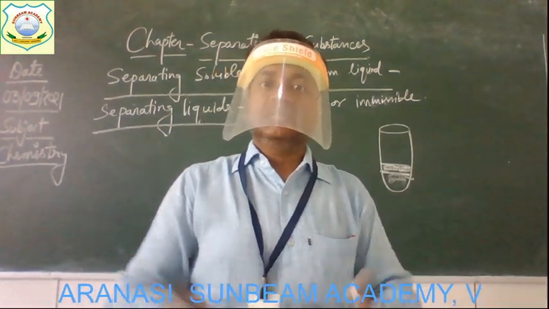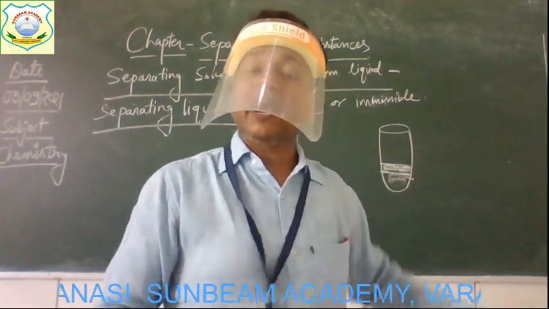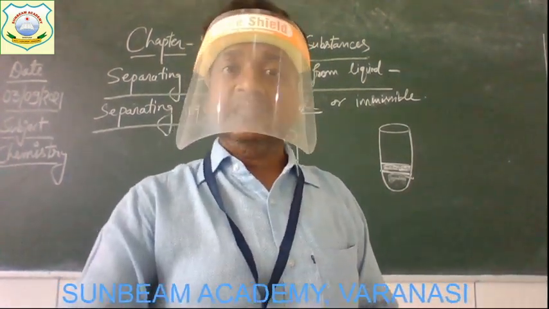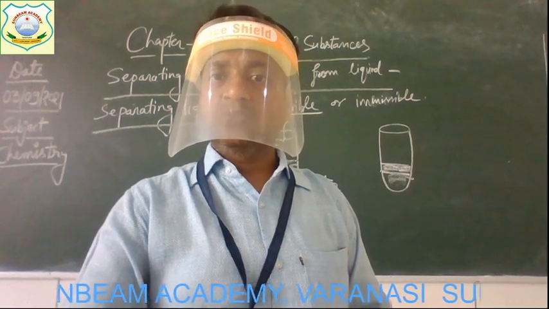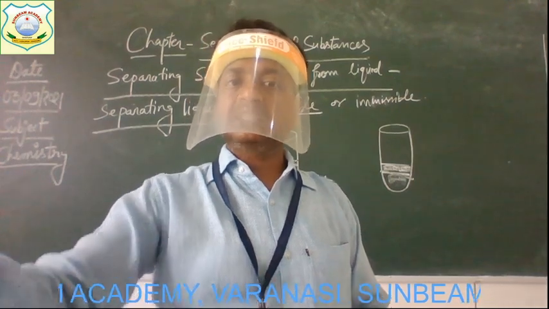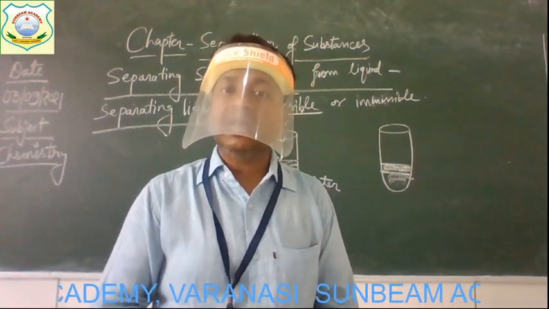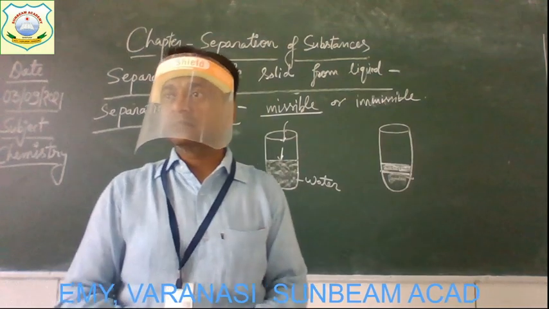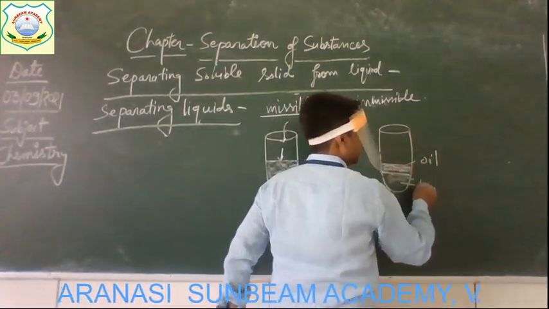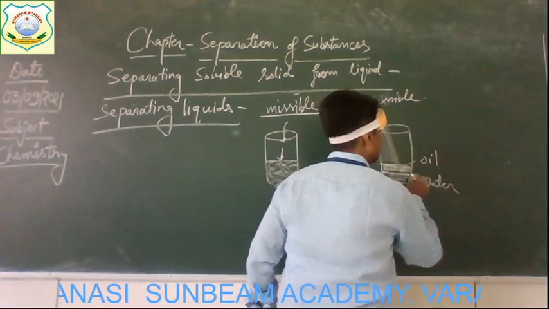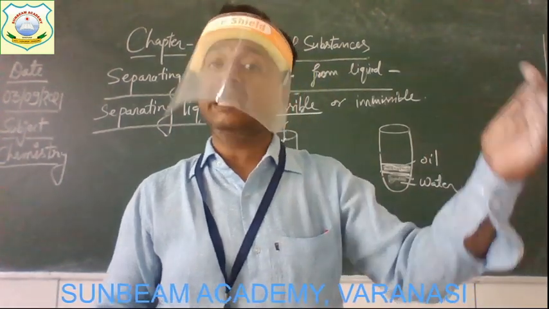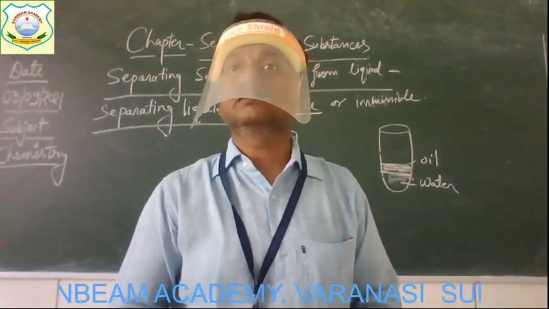Alright, if you vigorously mix oil and water in a beaker and leave the mixture undisturbed for some time, what will happen? The oil and water will separate, and oil will form a separate layer on top of water.